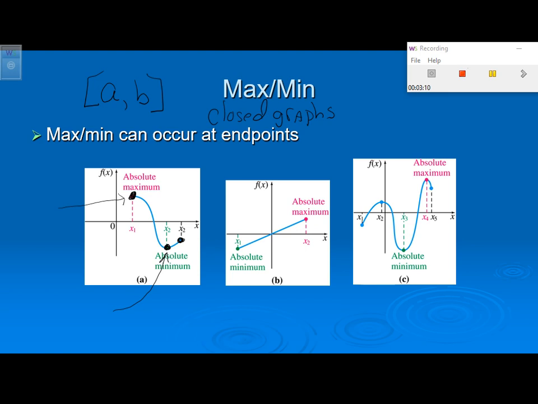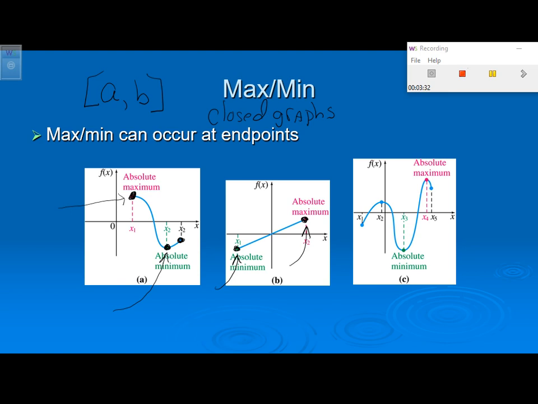Now think about a line real fast. If I restrict the domain on that, my absolute maximum would be there, my absolute minimum would be there. It has nothing in the middle, no extrema in the middle. So notice that my absolute extrema occurred at the endpoints of the interval a to b.